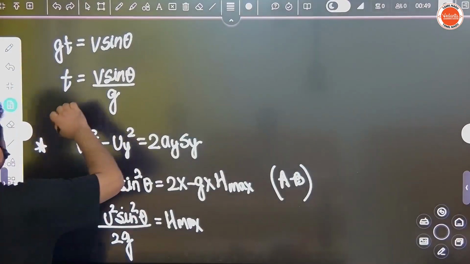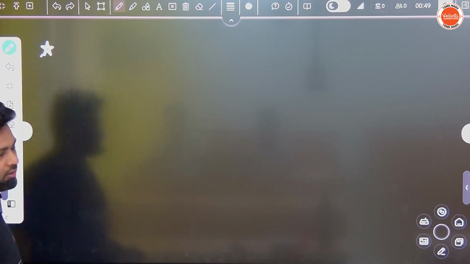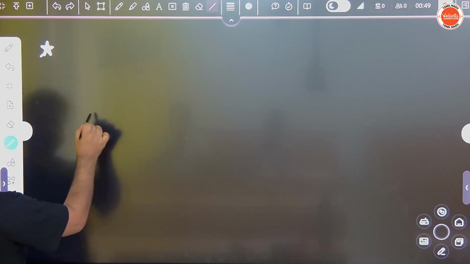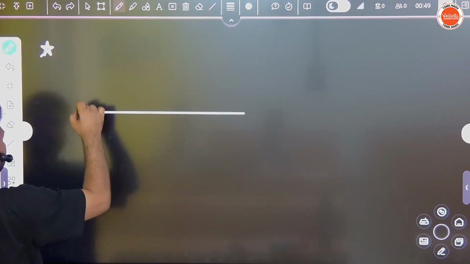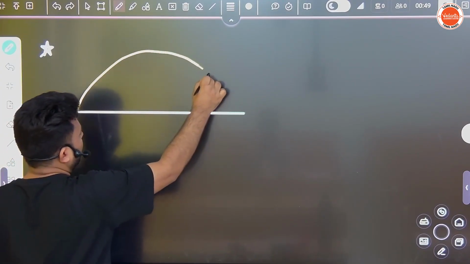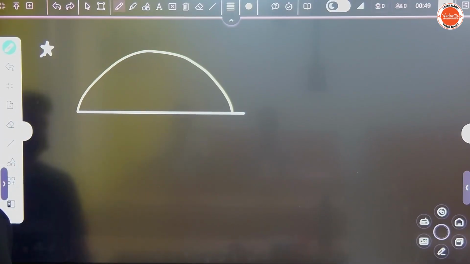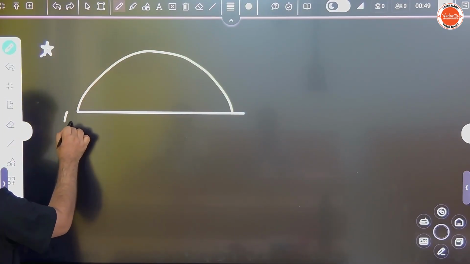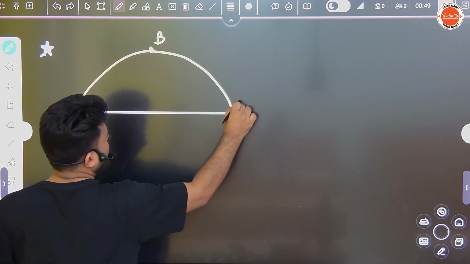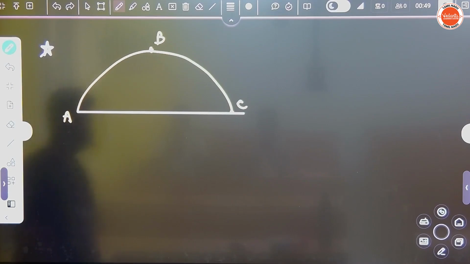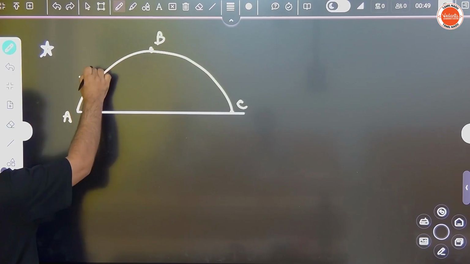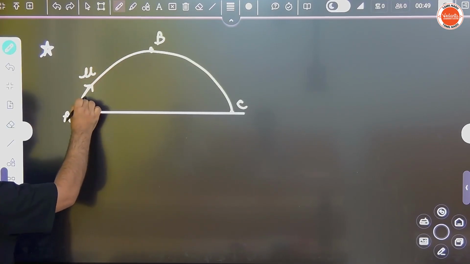Always remember, if you are kicking a ball and it is going like this, this is A, this is point B, this is the topmost point, this is the point C. You have kicked the ball with V velocity or U velocity, making an angle theta with the horizontal.